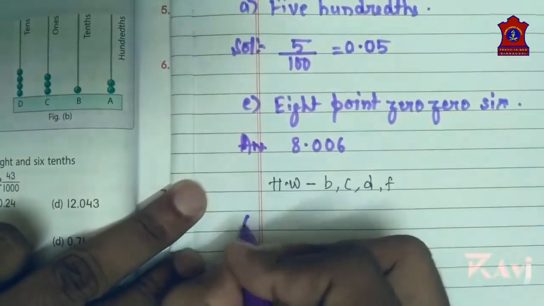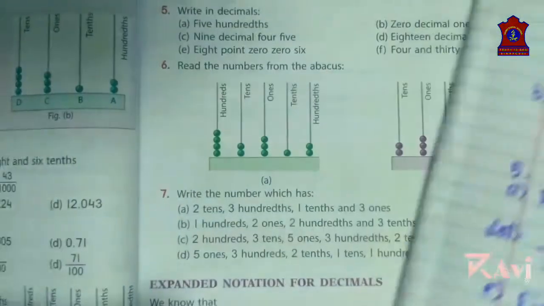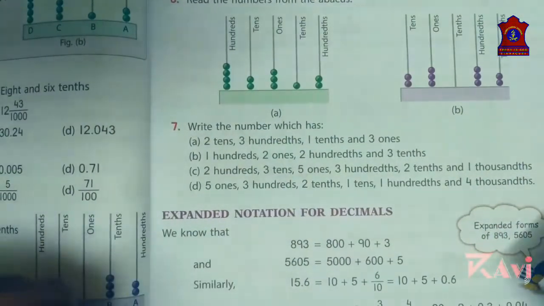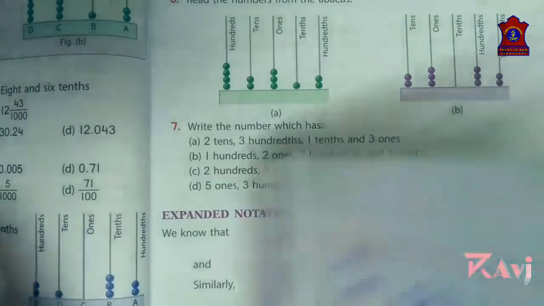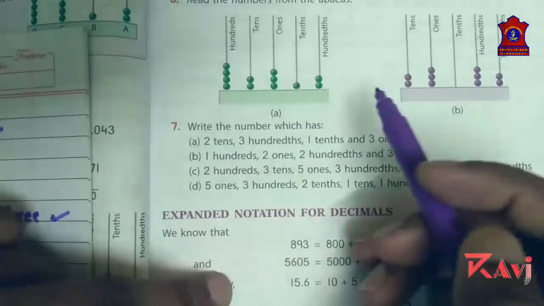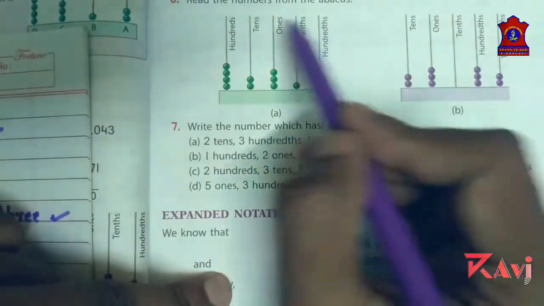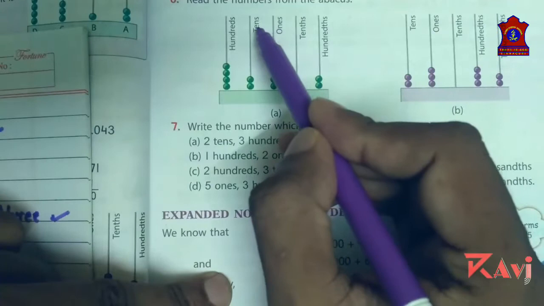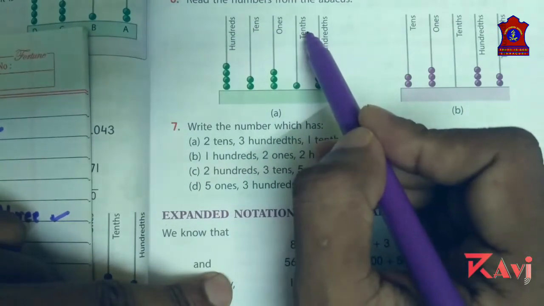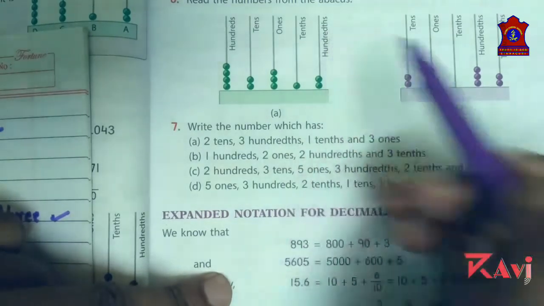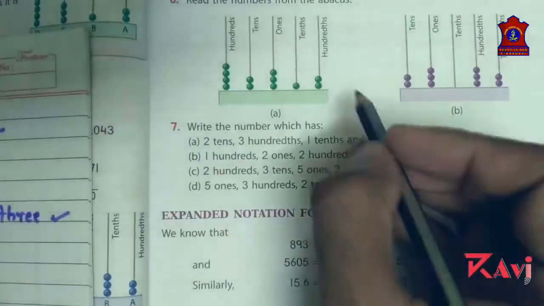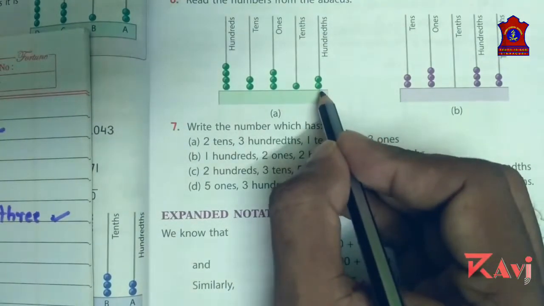Now question number 6. What is in question number 6? Read the numbers from the abacus. See here, in the basics I have told you about the place value. See here, ones, tens, hundreds, and see what is there at the right of ones, tenth and then hundredth. Clear? See how to solve this. Here, count the number of beads.